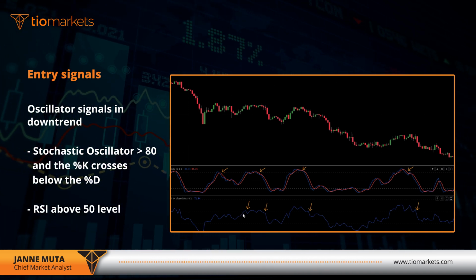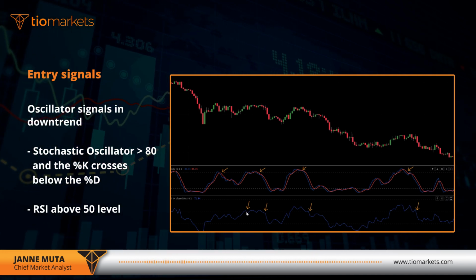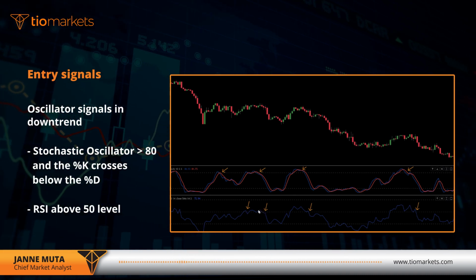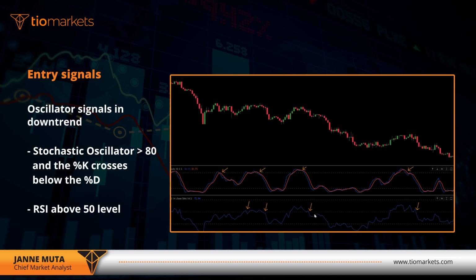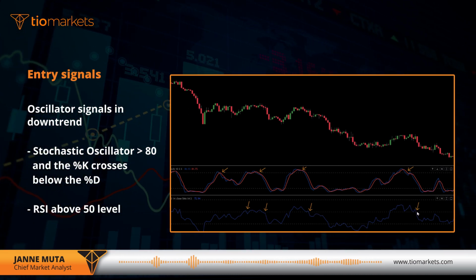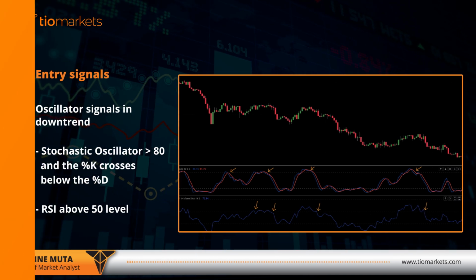So whenever it goes above 50 in a downtrend, that might be the time when you start looking for weakness, and that weakness results in the RSI crossing below the 50 level, and that's basically a signal to short. That's something for you again to study and see if this works in your trading.